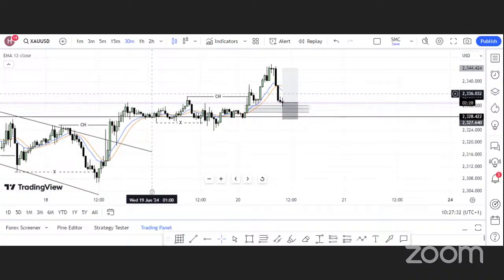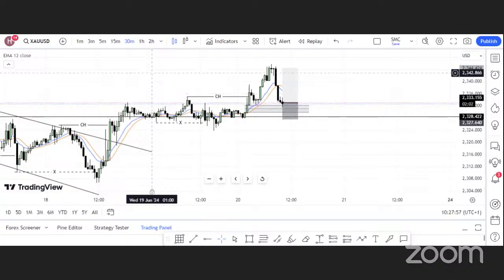So guys, this is how to properly analyze the market. Okay. So what we did here is called a top-down analysis. We took the analysis from the 2-hour time frame down to 1 hour and now down to the 30 minutes time frame.